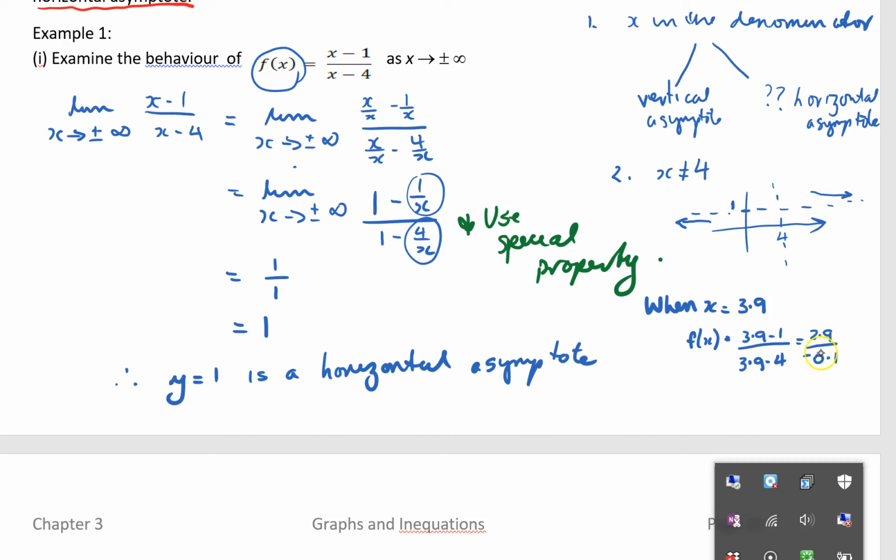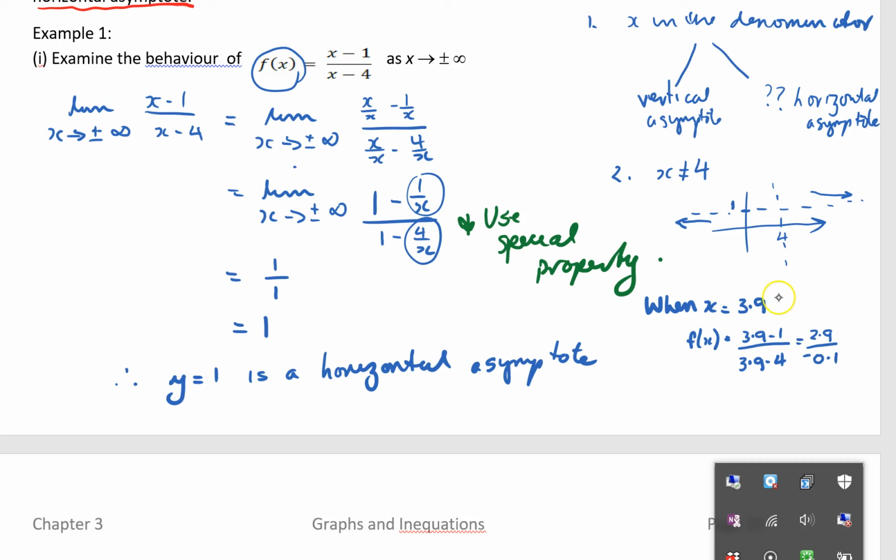It's what's happening here in the denominator. 3.9 subtract 4 is a small negative number. Now, dividing by a small number has the result of making the overall result very big. Positive divided by a negative is going to be a big negative number.